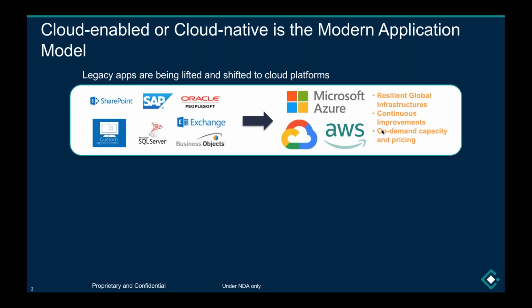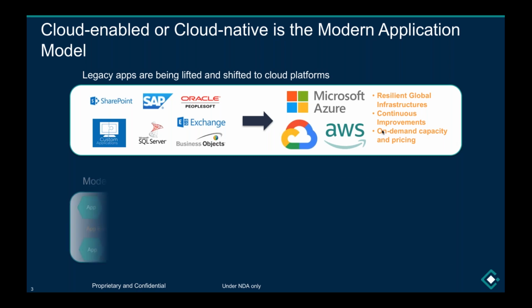For example, legacy applications are being lifted and shifted over to the hyper converged cloud platforms such as Microsoft Azure, Google Cloud, and AWS, and so on. And these are called cloud-enabled applications.